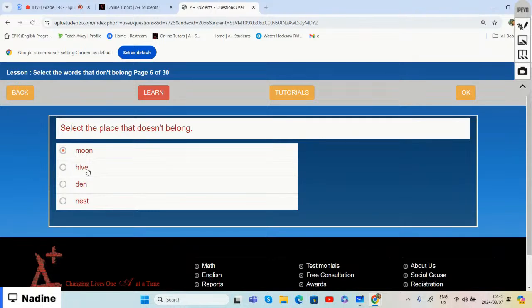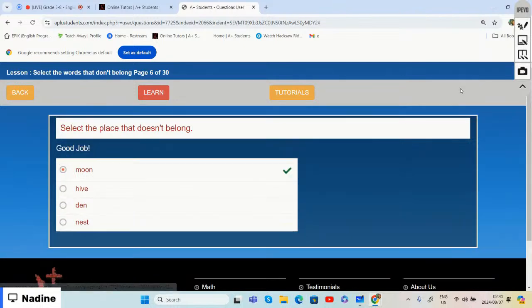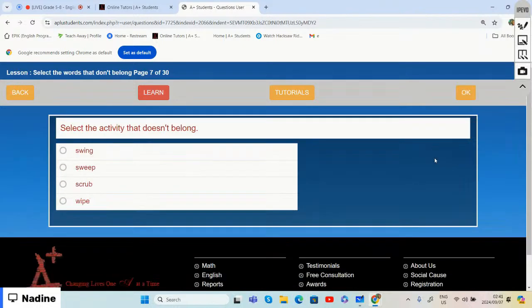We'll find the bees having a hive, others have a den, we have a nest for birds. So these three places are related to one another, and that basically shows a place where an animal lives. But moon, we don't know who lives on the moon, right? Nobody. So well done. Moon is great.